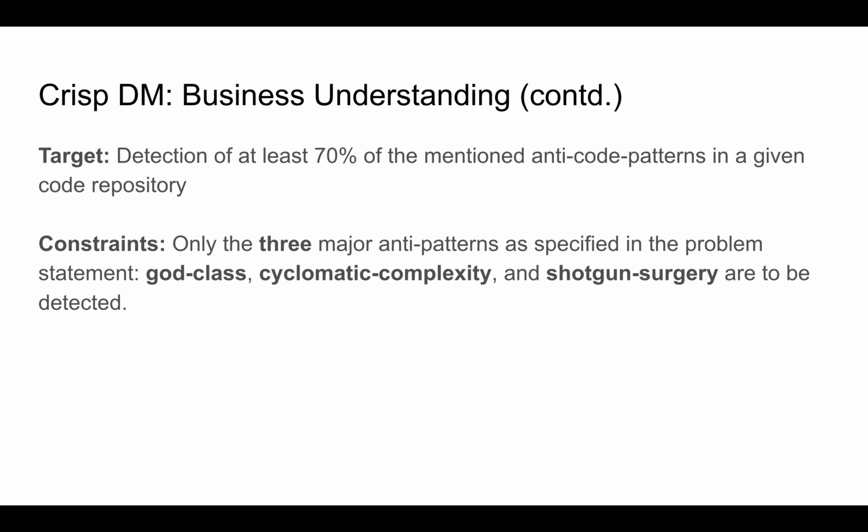We want to detect at least 70% of these anti patterns in the software code. The constraint is that we are limiting the scope to only three specific anti patterns.